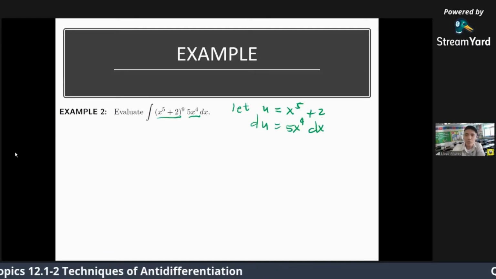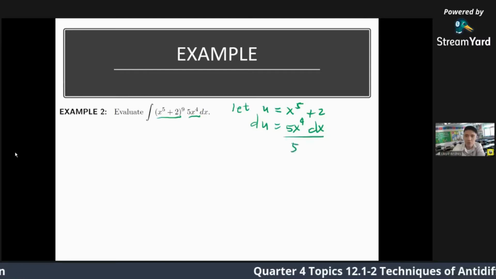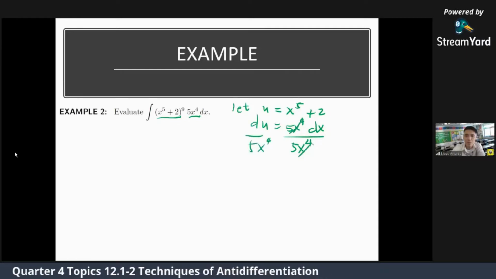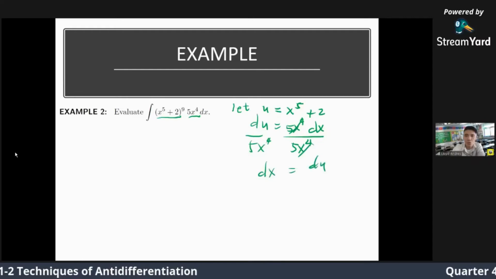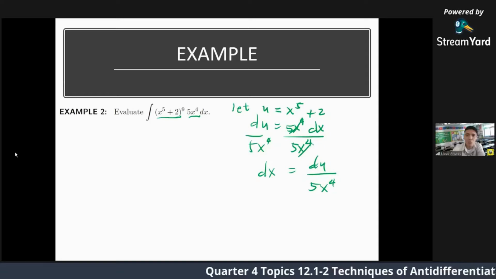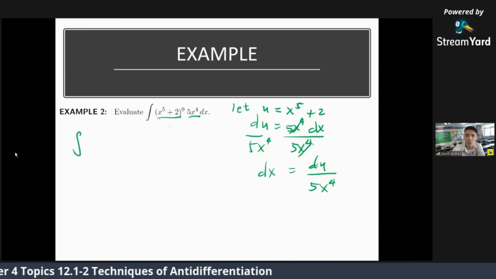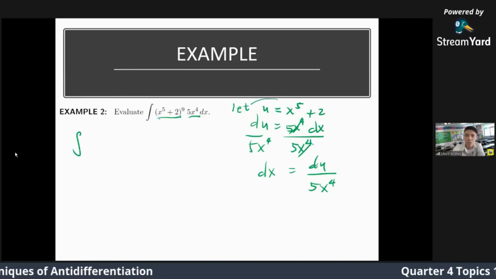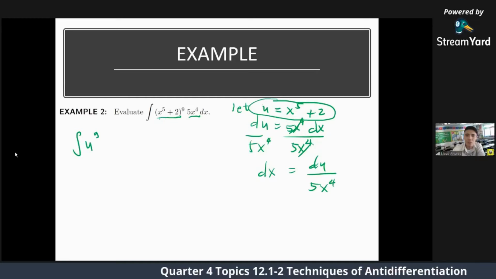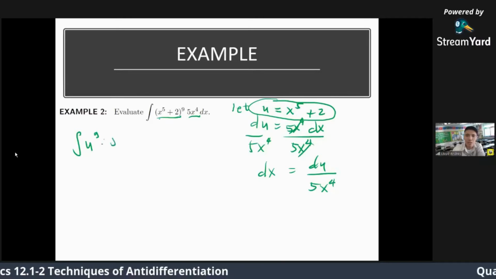Then we need to isolate dx. To isolate dx, we divide both sides by 5x raised to 4, so dx will be equivalent to du over 5x raised to 4. Based on that, we can now rewrite this as the integral of x raised to 5 plus 2, which we can rewrite as u raised to 9, since x raised to 5 plus 2 is u. Then copy 5x raised to 4.